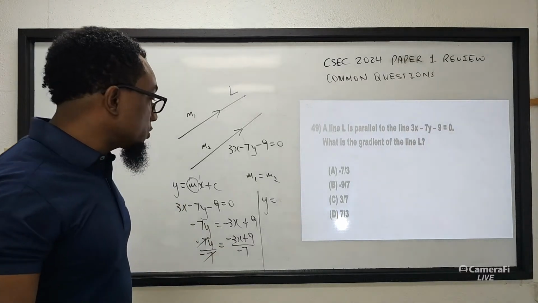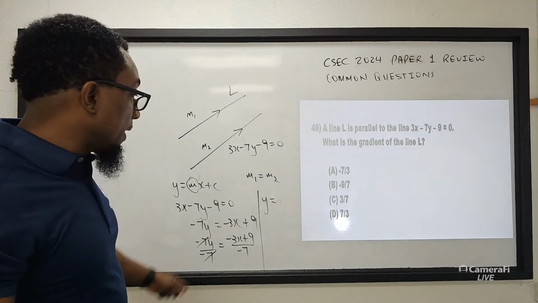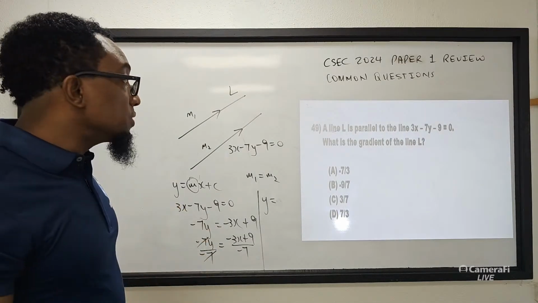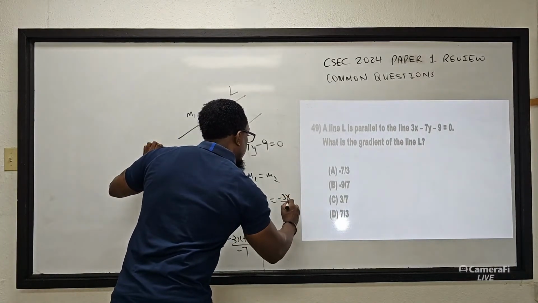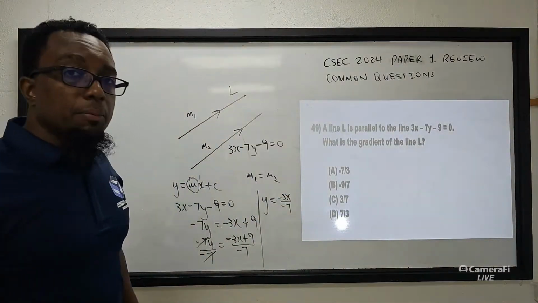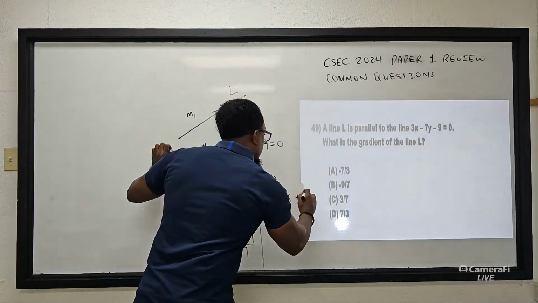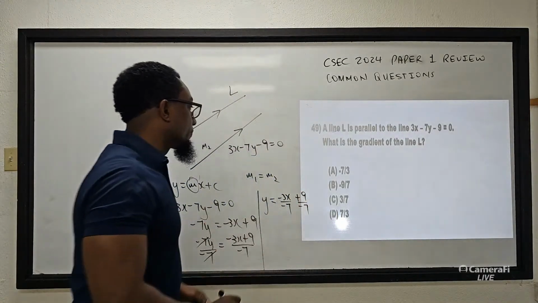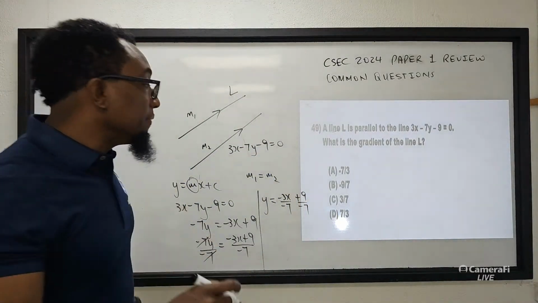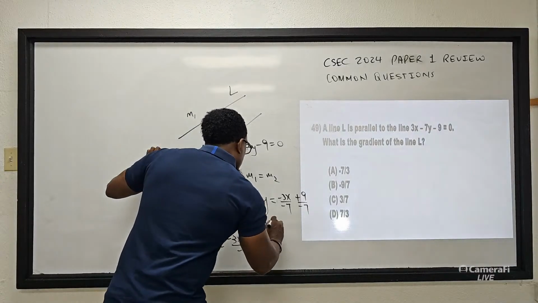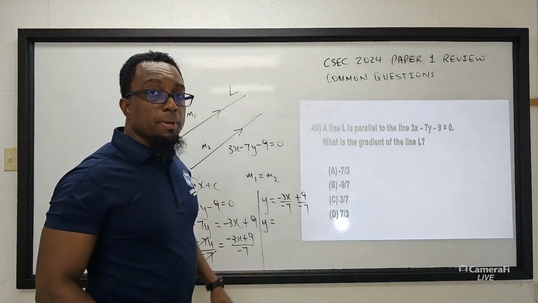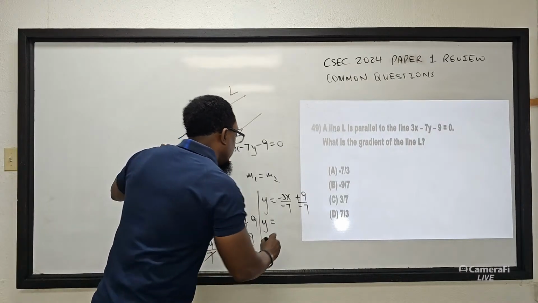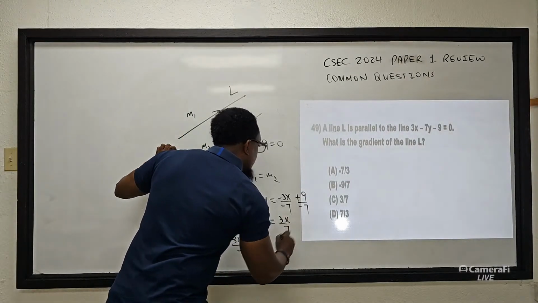Now, negative 3x plus 9 over negative 7, what I'm going to do here is separate it. So I'm going to write negative 3x over negative 7, plus 9 all over negative 7. And this will simplify to become y is equal to, a minus divided by a minus is a plus, so I'm going to get 3x over 7.